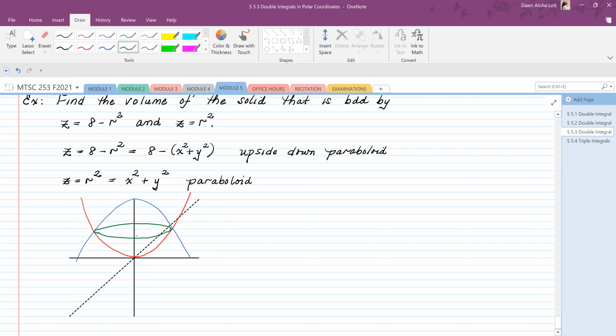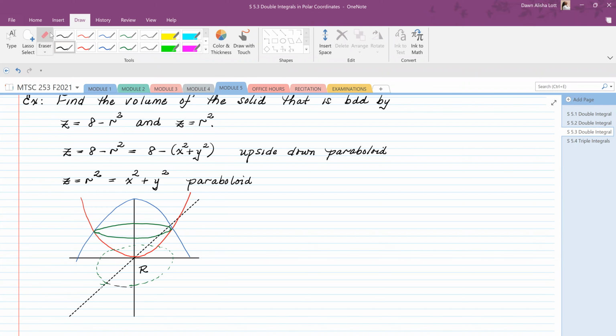That's where they meet. And so that is the region R that is projected on the ground that you have to integrate over. So down here is R.